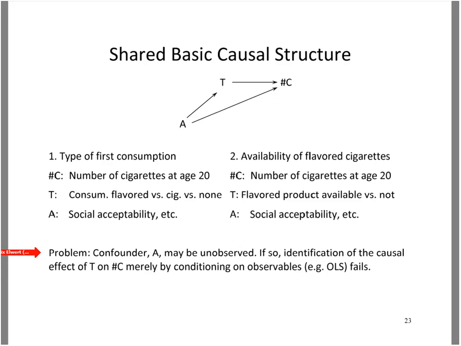If they're unobserved, then we have an open non-causal path from treatment to the confounder A to the outcome. Since A is a non-collider on that path, we cannot block that path without conditioning on A. So if you don't observe A, any type of regression analysis will fail.